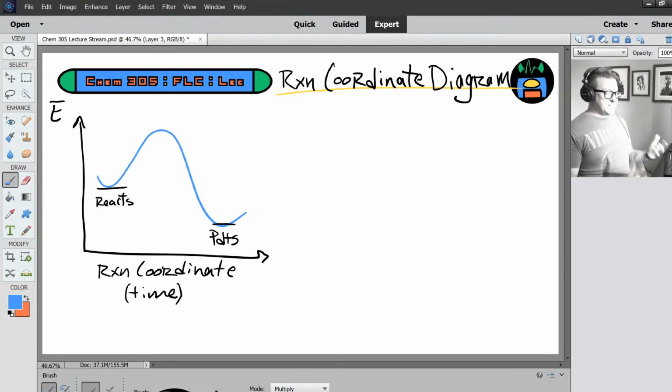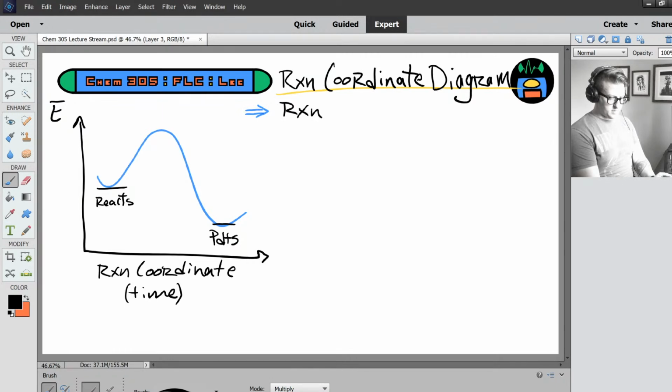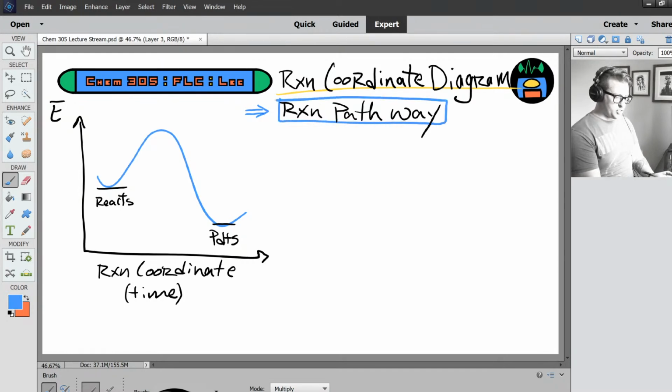Okay, so this right here is what's known as the reaction pathway. All right, this is the reaction pathway here in blue. And it shows how the energy changes as your reactants become the products.